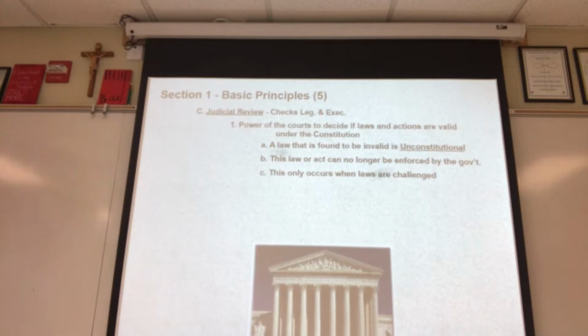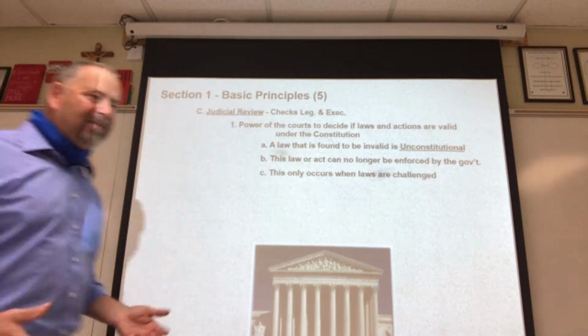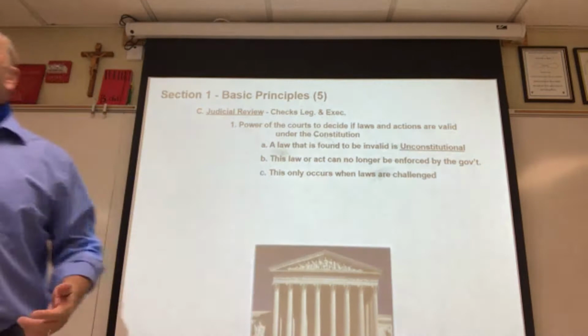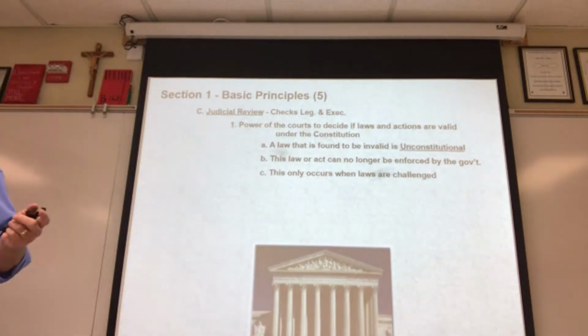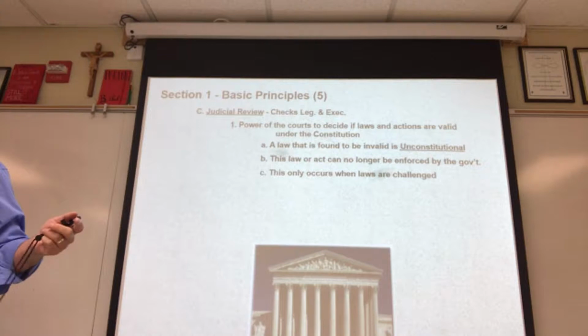Like you studied the New Deal last semester, and a bunch of the New Deal was deemed unconstitutional, because many of the laws that Congress was passing during the New Deal were giving powers to the national government that were not found in the Constitution.